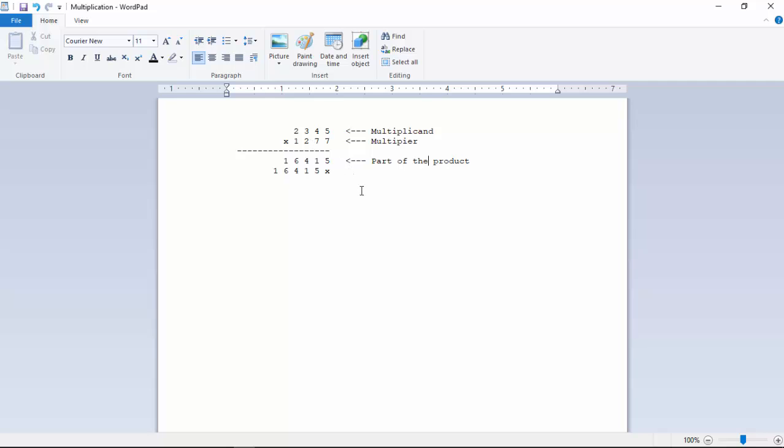Now the next line, we put two gaps, one in the unit place, the other in the tens place, and then multiply the digit 2 with 2345, which becomes 4690.